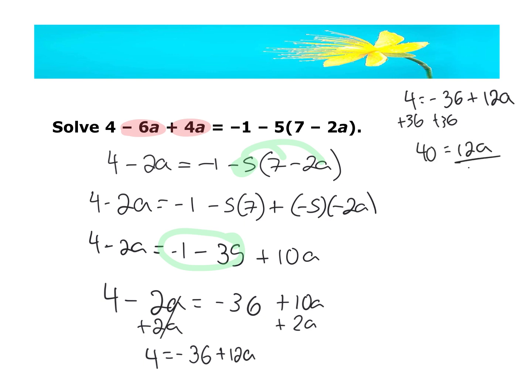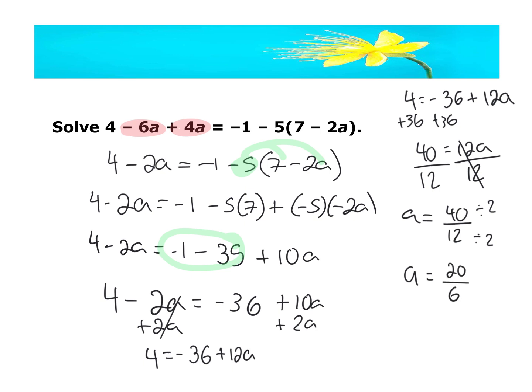I'm going to simplify by dividing by 12 on both sides, and I get that a is equal to 40 over 12. Now, I do expect you guys to try and simplify, so we're going to simplify by 2. Divide by 2 on both sides. I'm going to get that a is equal to 20 over 6.